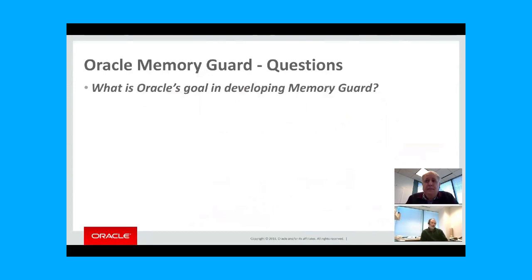All right. So originally, Memory Guard came out of an understanding of a primary cause of cluster node evictions and/or instance evictions, depending on exactly what the scenario was at the time.